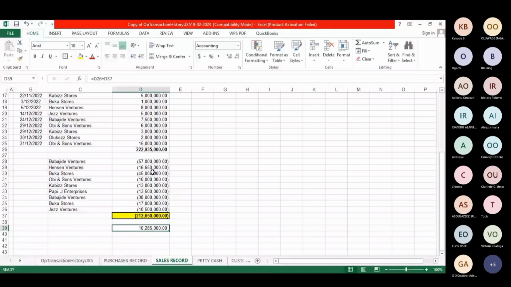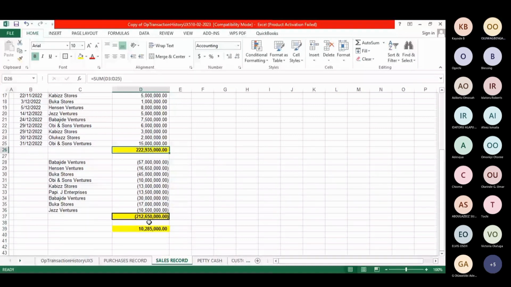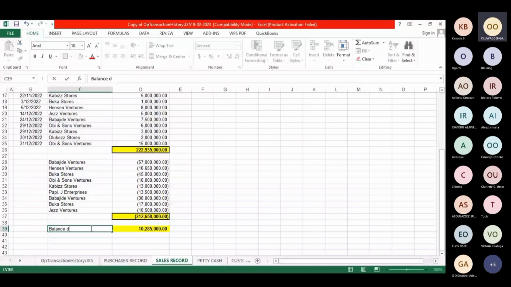So that means with what I have here, if we receive all these payments from the customers and we sold all this to them, by implication, I will call this balance due from customers.